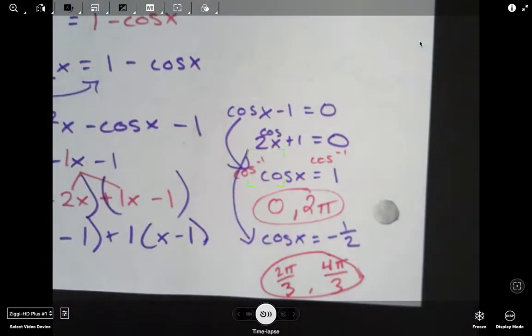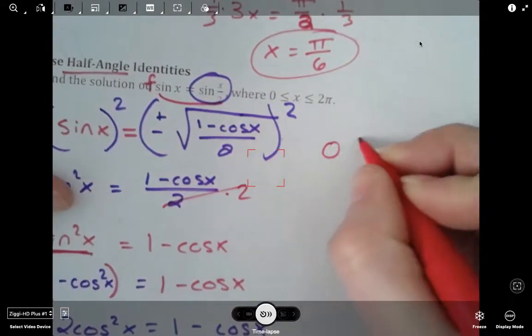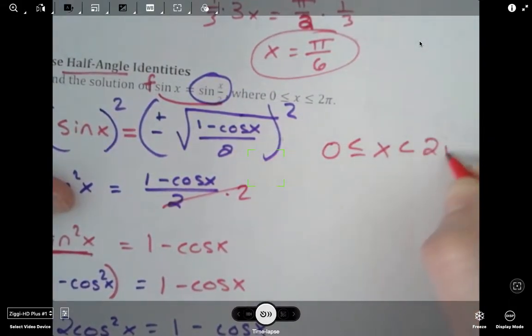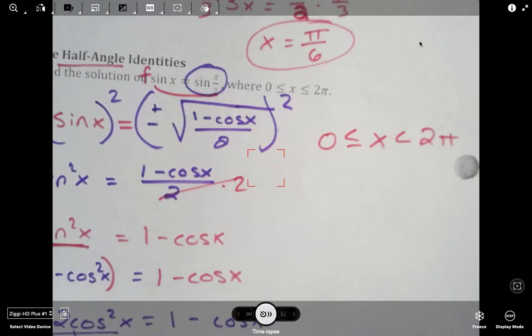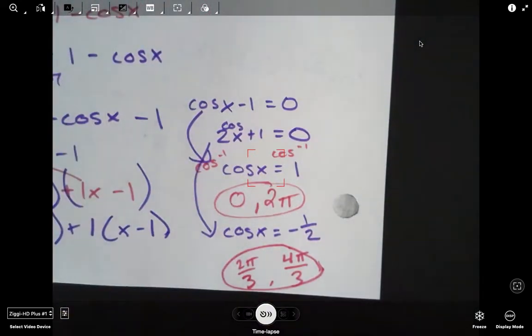So we don't want plus 2 pi k, we just want to list 2 pi as an answer also. If it just said 0 is less than or equal to x is less than 2 pi, then you're including 0, but not 2 pi. This is getting down to the nitty-gritty details. We want to include both 0 and 2 pi because they're the same place and it says equal to.